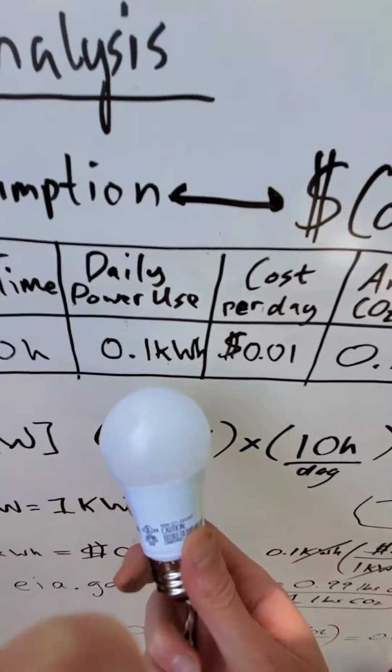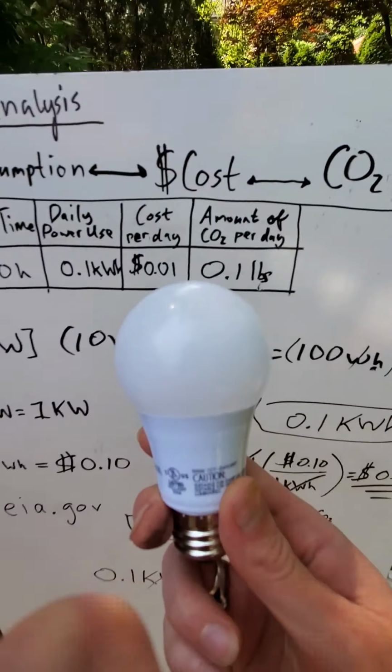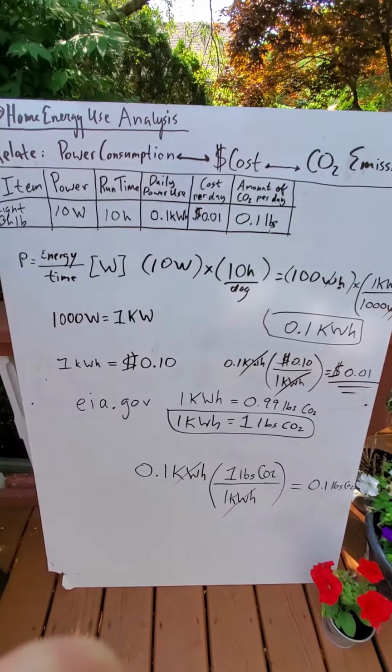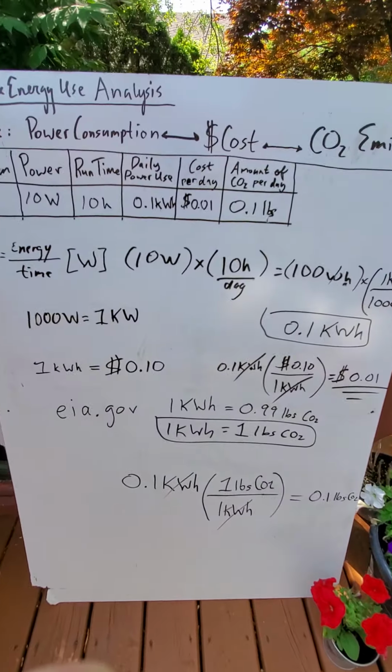And then it's going to put 1/10 of a pound of CO2 into the atmosphere. So something we could do real quick, let's take this and multiply it. So this is all the power we use and what it costs us and how much CO2 is created by running this bulb each day.